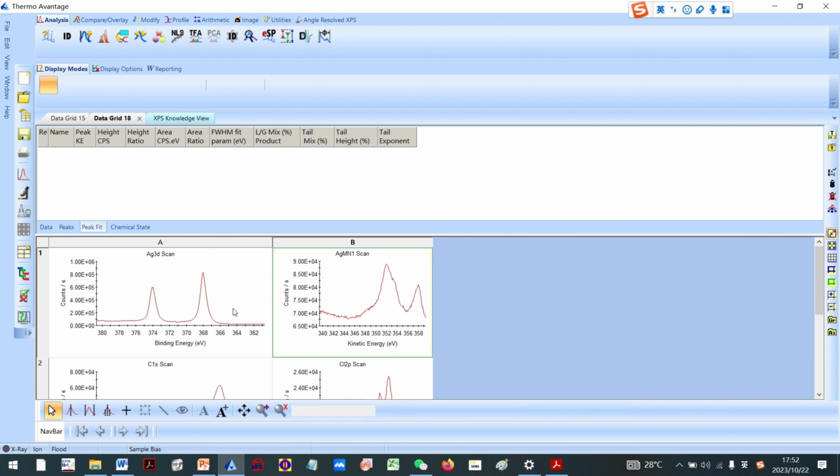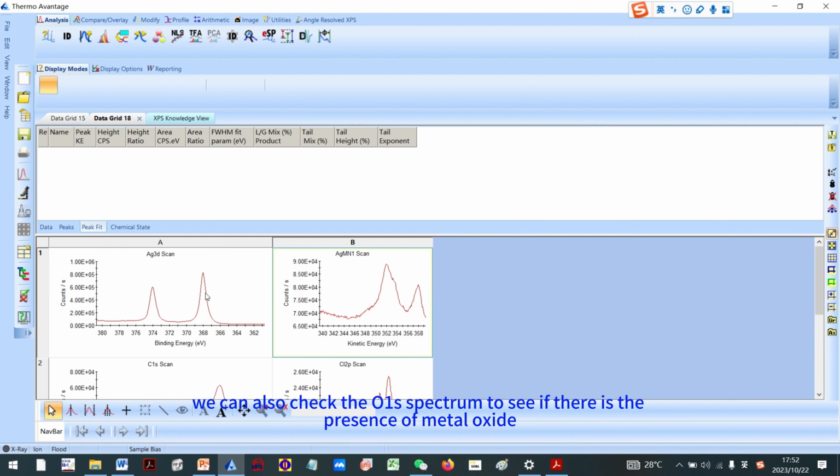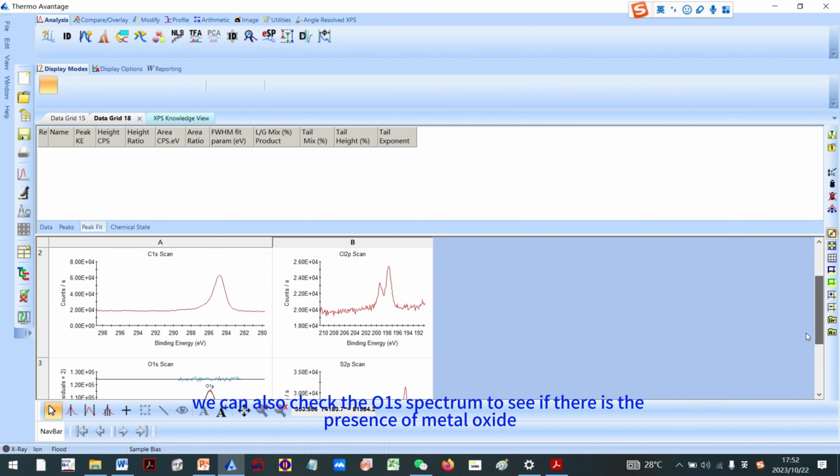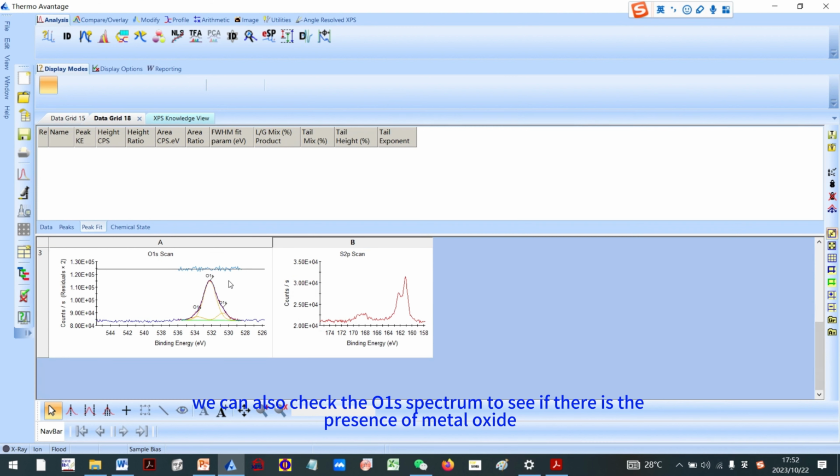Of course, if I determine that the silver exists in an oxidized state, we can also check the oxygen peak to see if there's the presence of metal oxide.